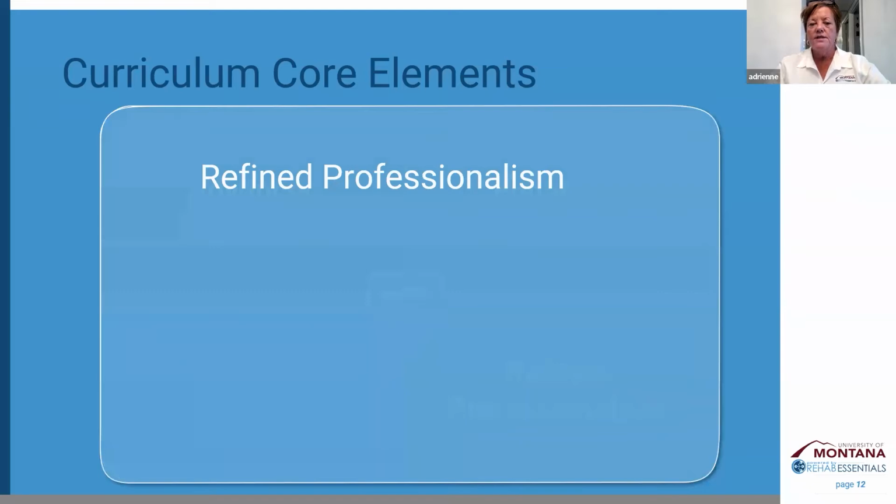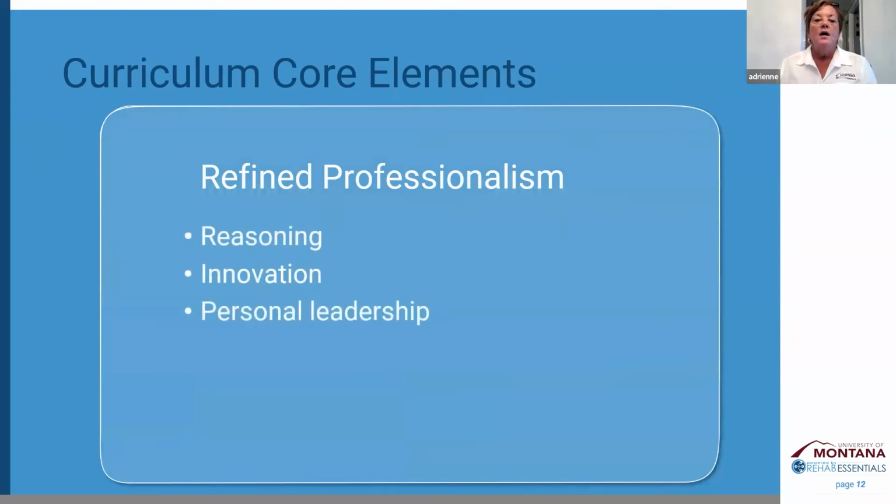And then finally, in terms of refined professionalism, again, it's development of reasoning skills, development of innovation and innovative practice, development of you as a professional, as a leader.